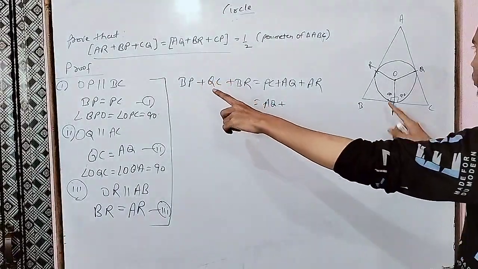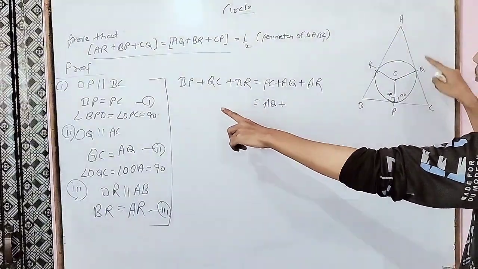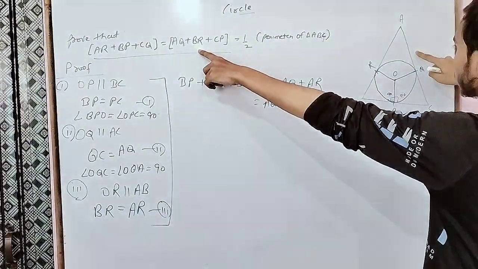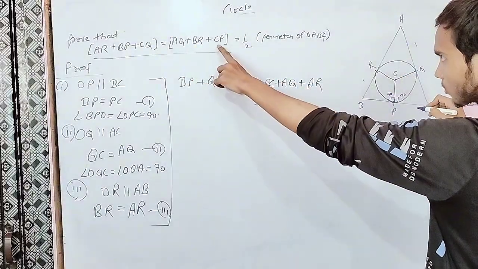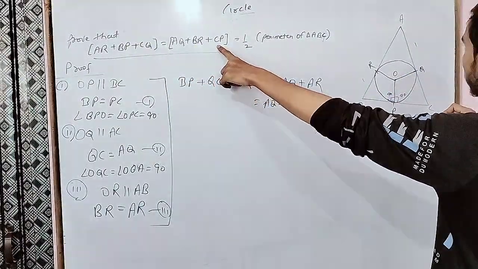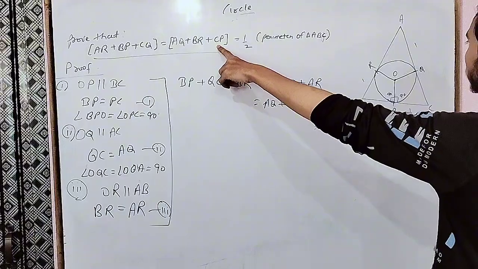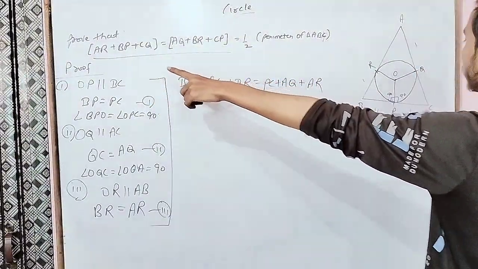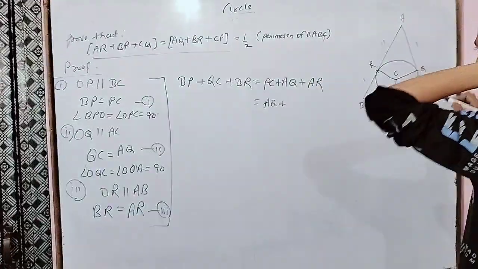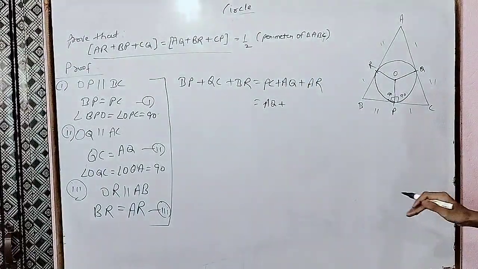AQ plus BR plus CP, and AR. What is it saying?